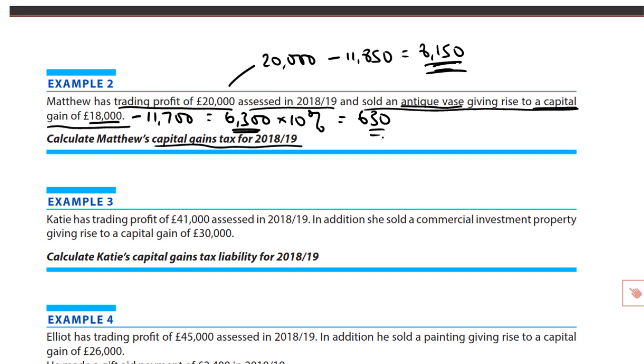Again, if there's any doubts, have a little read through. I'd like you to have a little read through anyway, the answer to this example, because what we also do is to just, again, make the point that if our level of taxable income had been higher, then of course we may have seen the situation where the figure of taxable gains moved you out of the basic rate band and therefore the 10% rate and up above and into the higher rate band where the tax rate for CGT would be 20%.